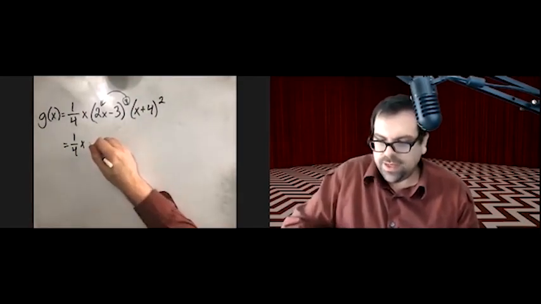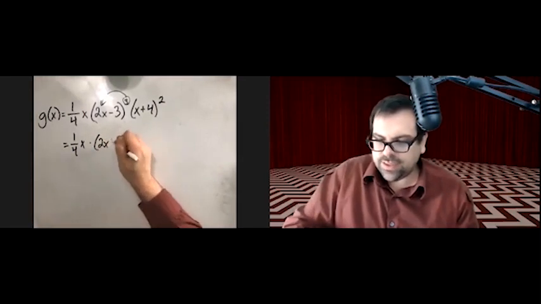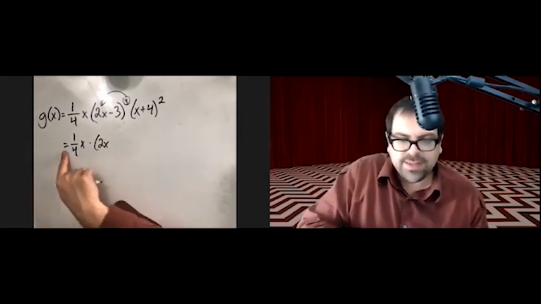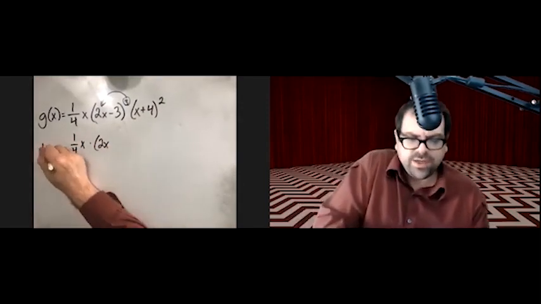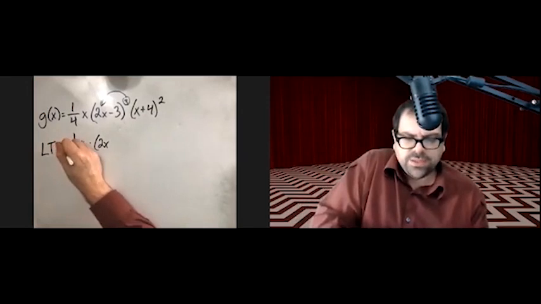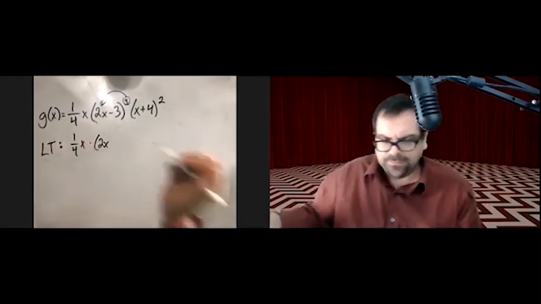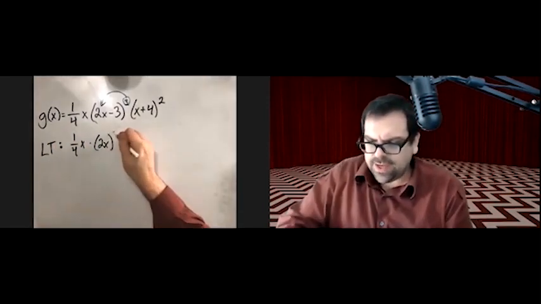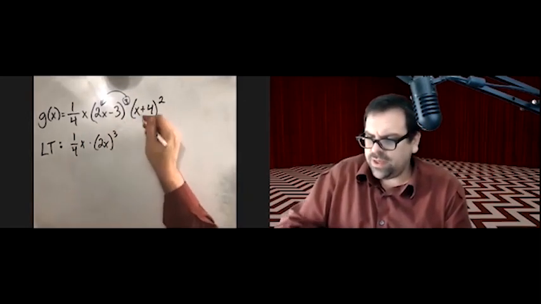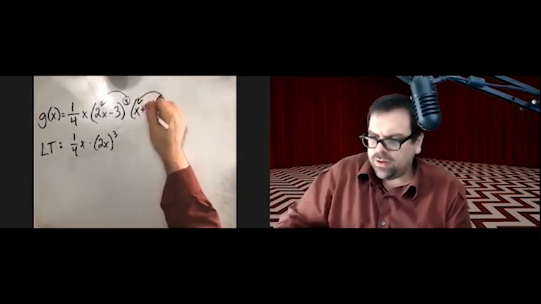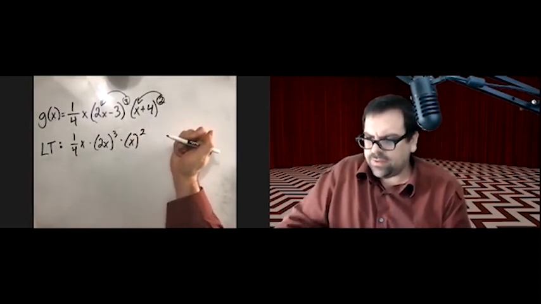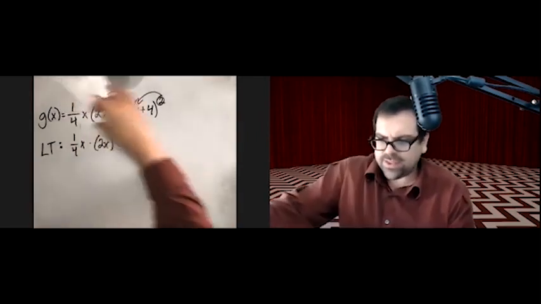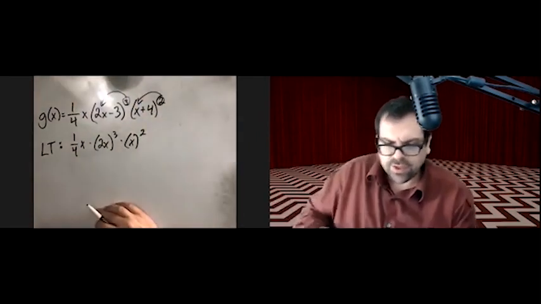So that would be 2x, and I'm going to get rid of this equal sign. This is implying that I'm finding the equal. I am just looking for the LT, the leading term. 2x gets cubed. Here, the x gets squared. This is not how we would figure out what this is. We're just looking for the leading term.